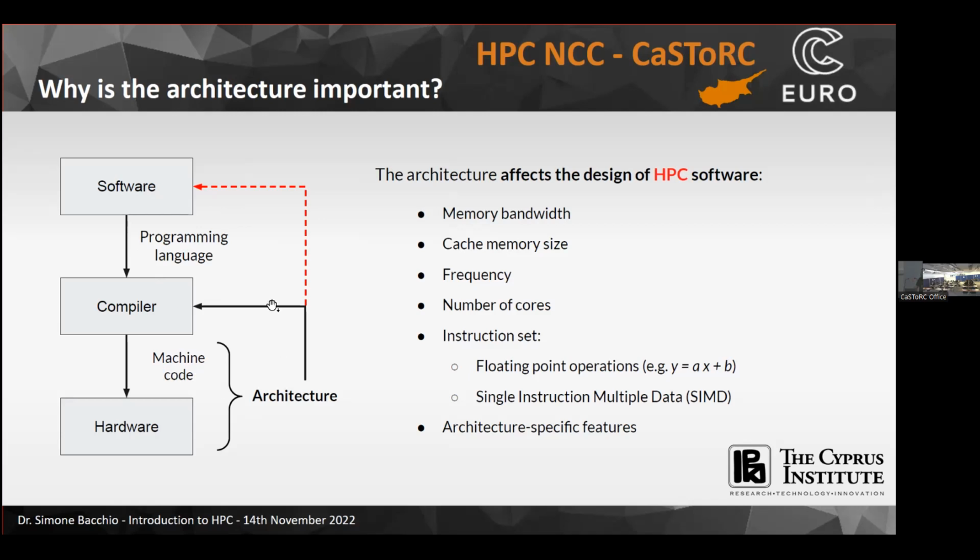But if you have something like a GPU now, or a different kind of CPU, it's very important. This is going to affect not just what the compiler does, but also how you write your software, because now you need to write software that is much more meant for data parallelism, and it needs to use the hardware in the appropriate way.